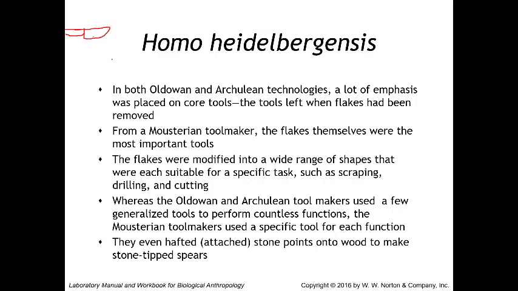So that's Oldowan and Acheulean technologies. You have this one simple tool that you use for absolutely everything. However, in Mousterian tool technology, it was the specialization of your tool. This is where I think about all the other knives that I have but never use, because I like that specific knife when I'm cooking. If you think about knives, you have a paring knife, a fillet knife, a bread knife, steak knives, a hunting knife, all those different types of knives that are available.